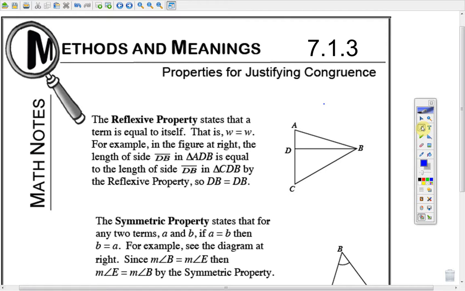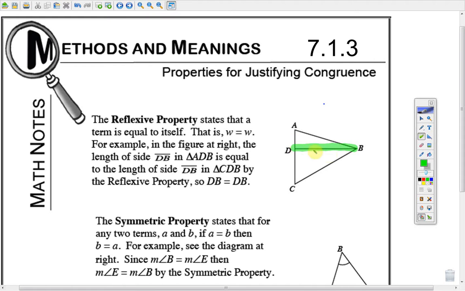So DB equals DB. We have a couple other ways of stating the reflexive property in proofs, and I'm going to go over those as well. If you notice, what we've said in the paragraph there was that DB is equal to DB.